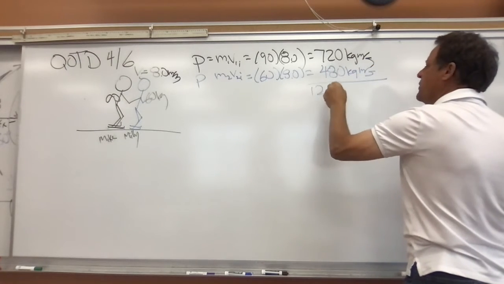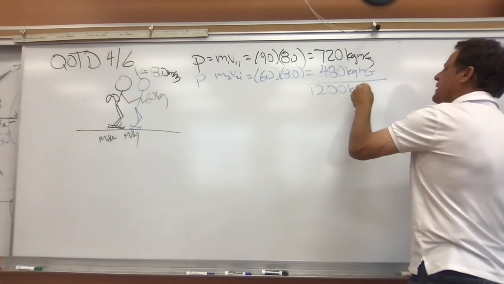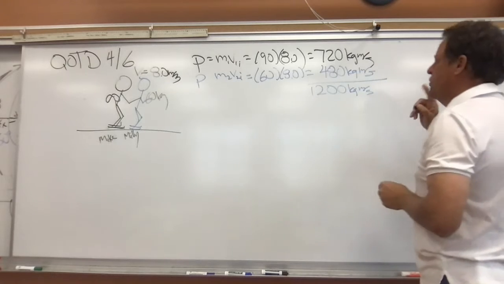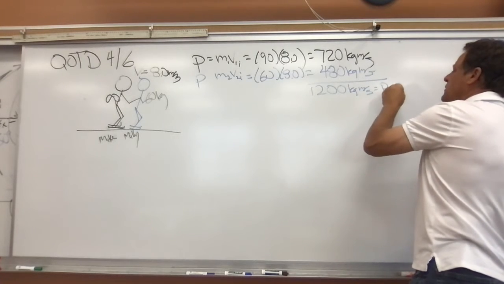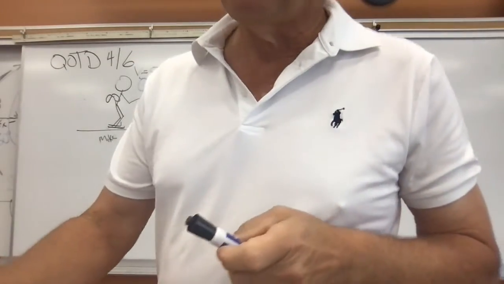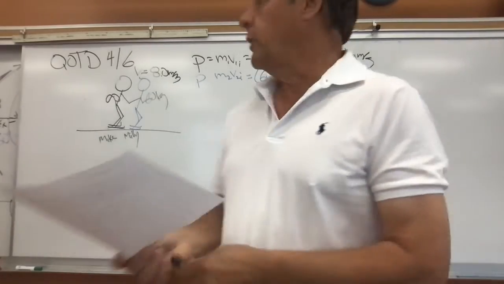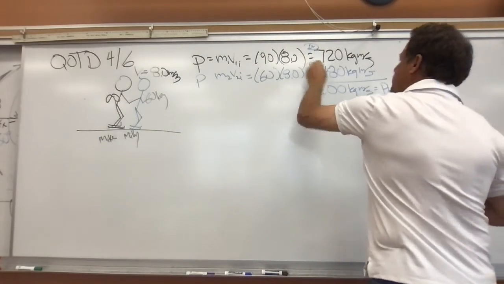And as a note, that gives us 1,200 kilogram meters per second, which is our total momentum before. Okay, so that is part A and part B.